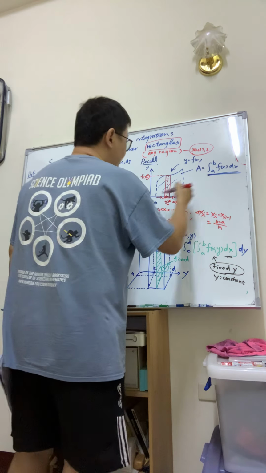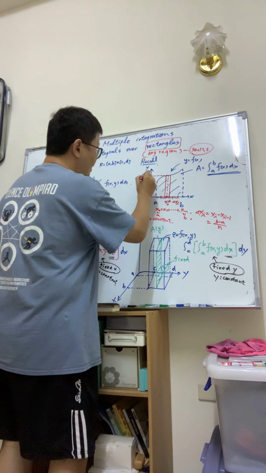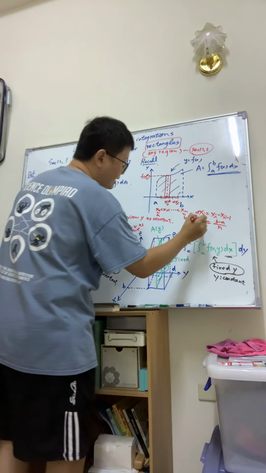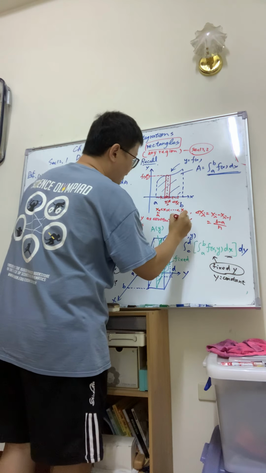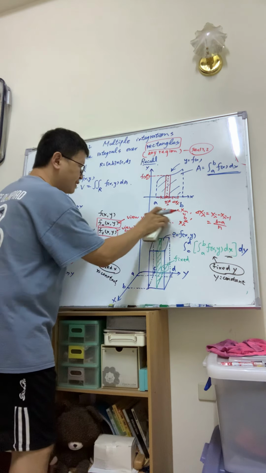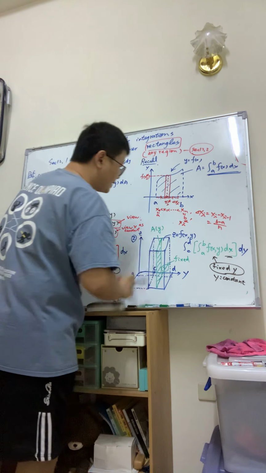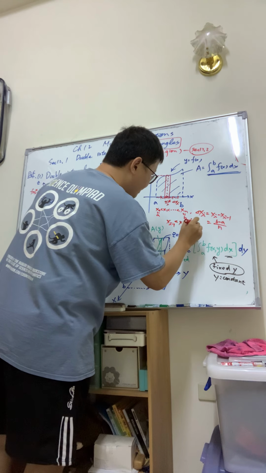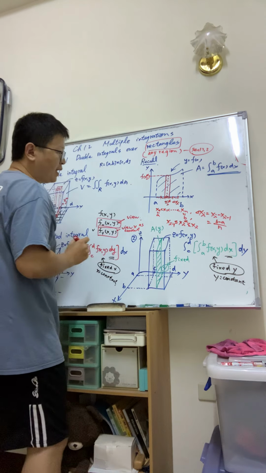So the height of each one. We just choose xi star between xi subtract 1 and xi.